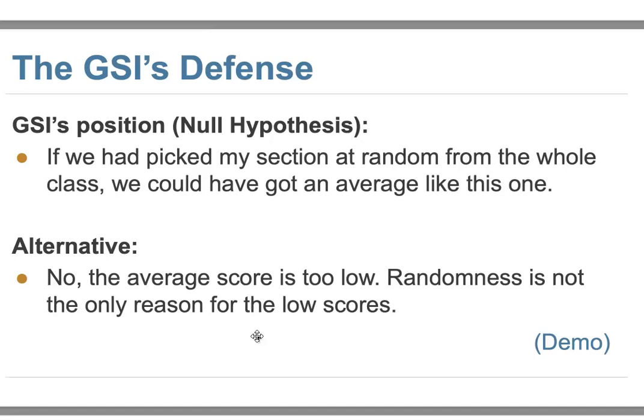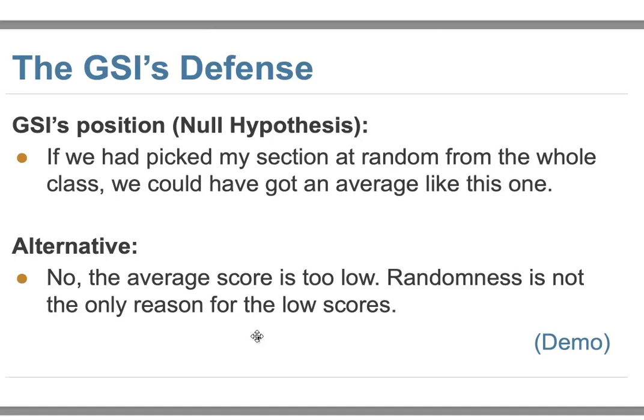So what happened in section 3 is that they think the average is lower, but it's actually just an average that happened by chance. That's our null hypothesis. The alternative hypothesis is against this one: no, the average score is too low, so randomness is not the only reason for the low scores.